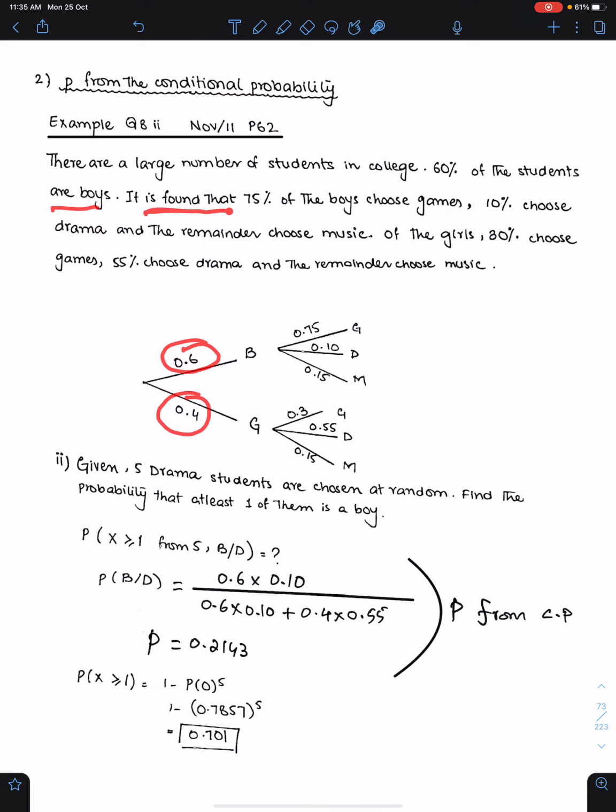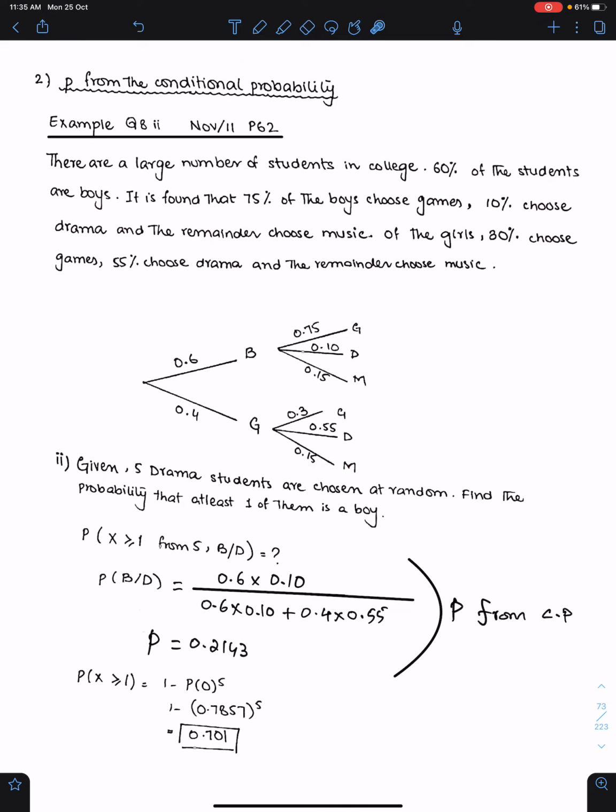It is found that 75% of the boys choose games, 10% choose drama, and the remainder choose music. Of the girls, 30% choose games, 55% choose drama, and the remainder choose music.